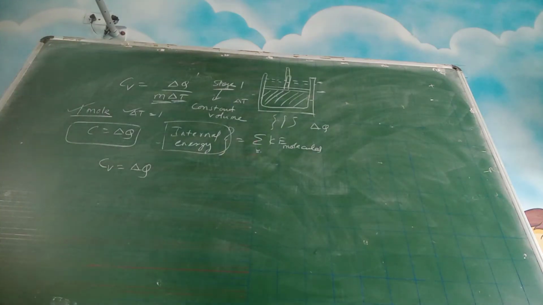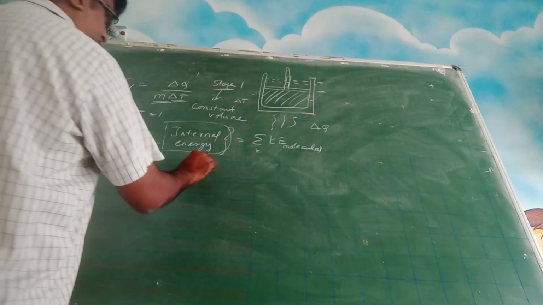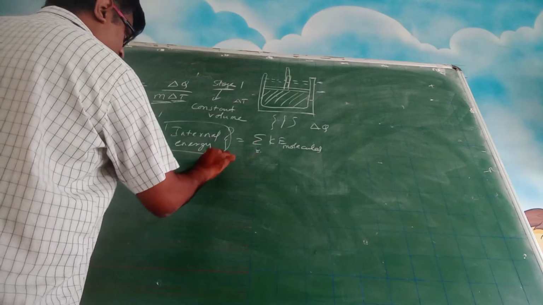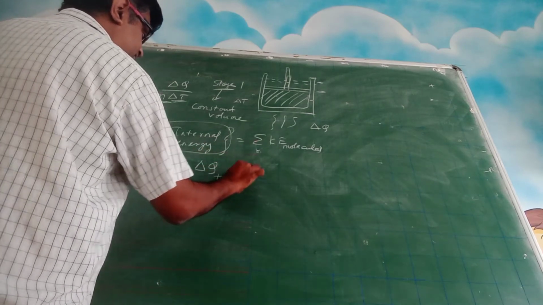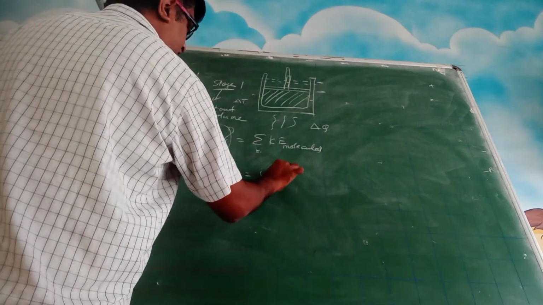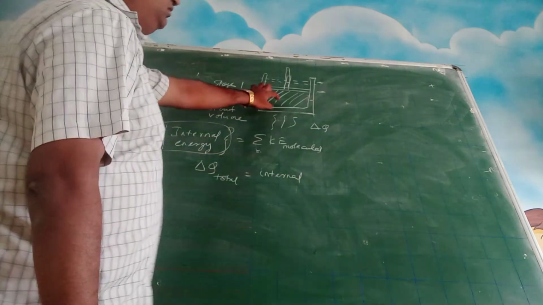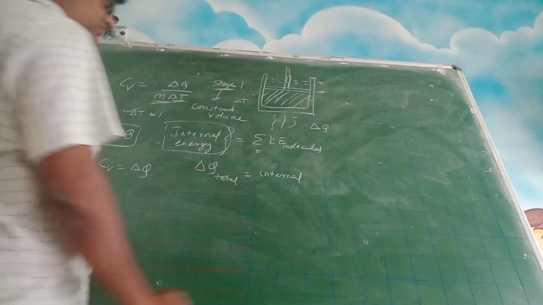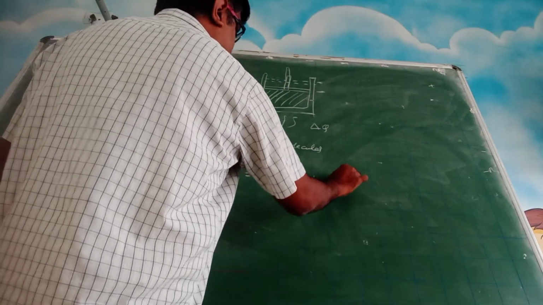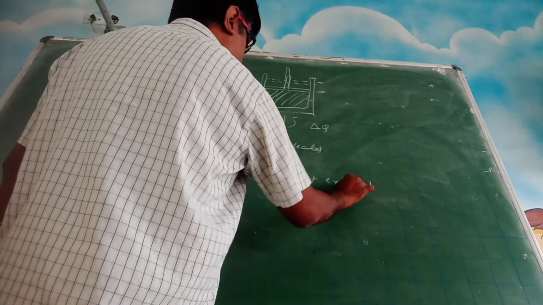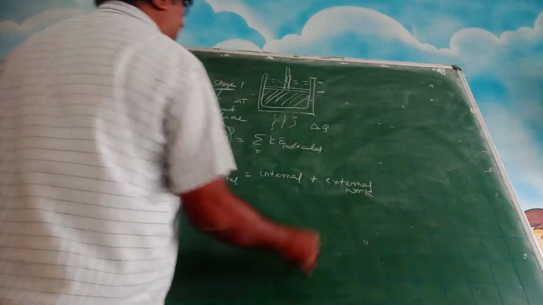So the total heat that you gave is used partly for internal work, meaning raising the kinetic energy of the molecules, and partly for external work. What is that external work? That is raising the piston.